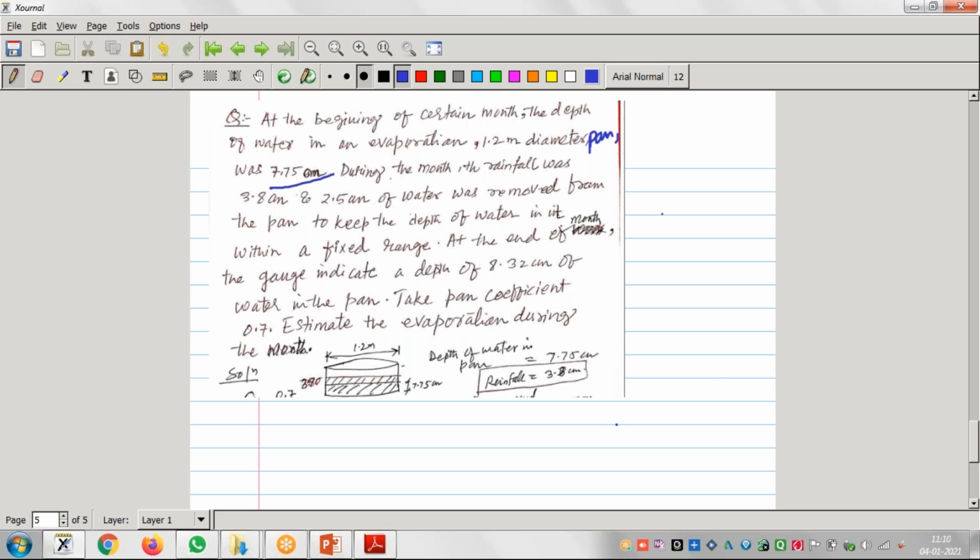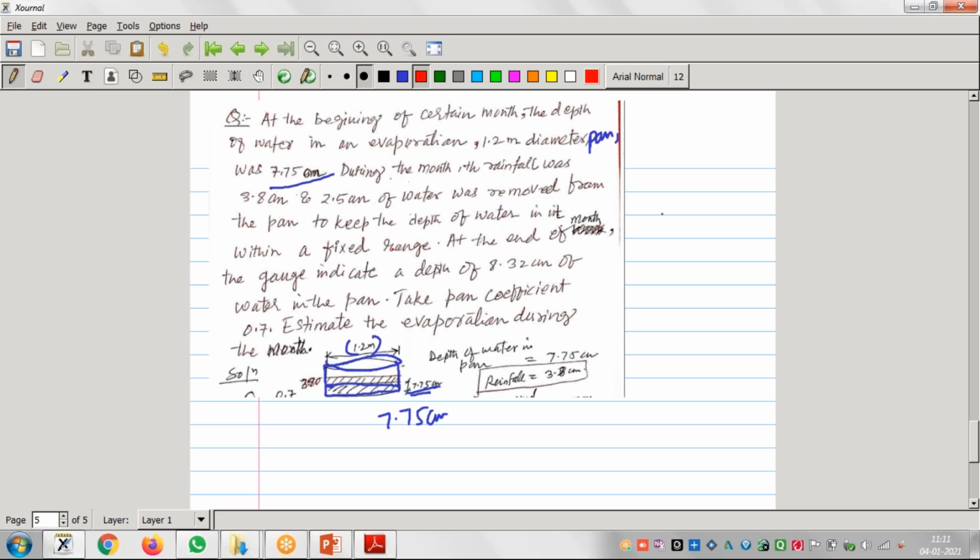Means one pan is there. If you see, this pan is there, and its diameter is 1.2 meter, right? And within that pan, the depth of water was how much? 7.75 centimeter, right?